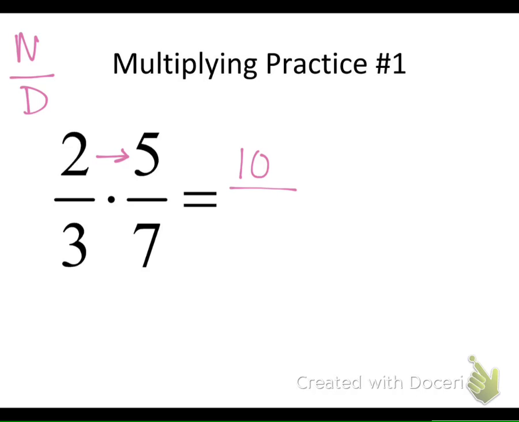What does step 3 say to do, David? Nope, step 3, not 4. Step 3. Multiply the denominator. So we're going to multiply our bottom numbers. So what's 3 times 7, David?